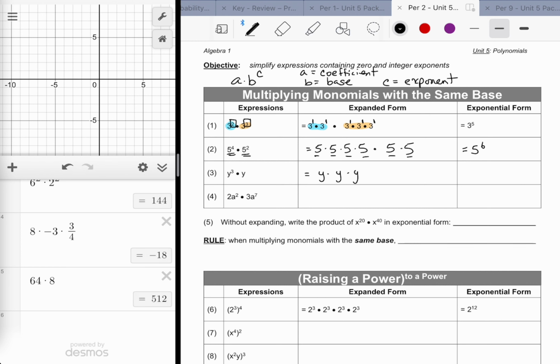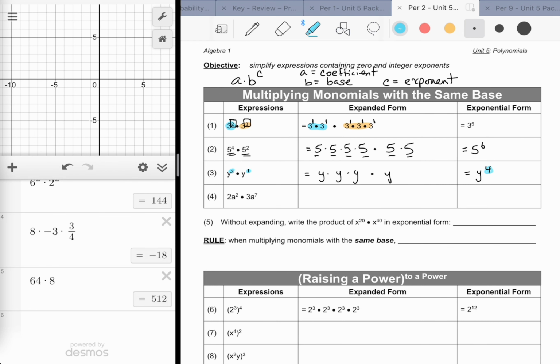That second y can be thought of as y to the 1st power, so that's just one of those y's. But in the end, it looks like I have a total of 4 y's being multiplied, so y to the 4th power, which is what I would have gotten if I took my 2 exponents, 3 and 1, and added them together.